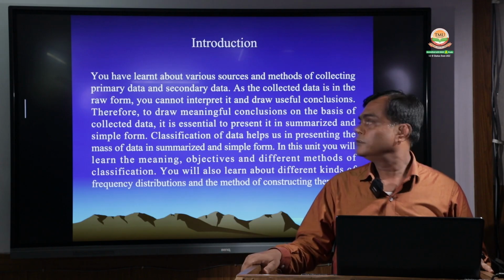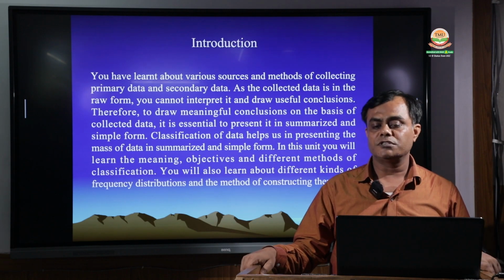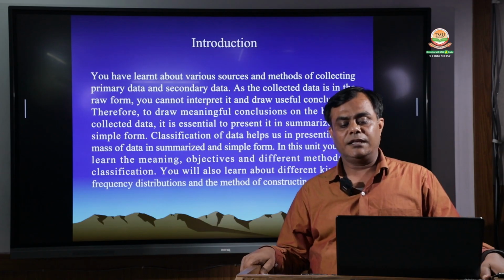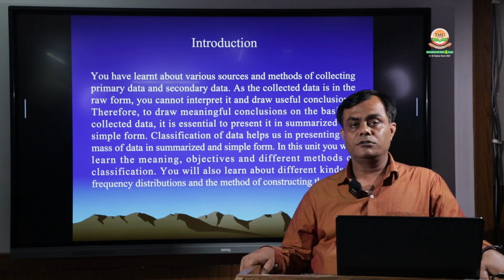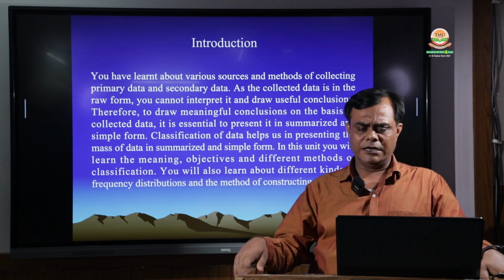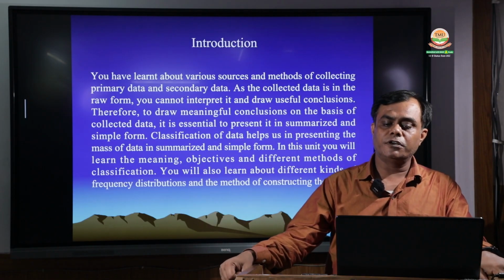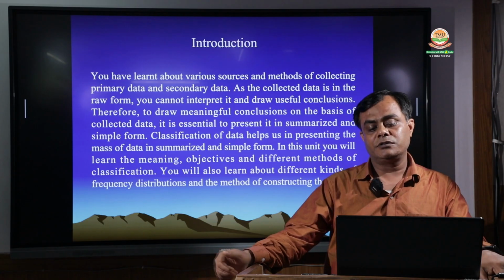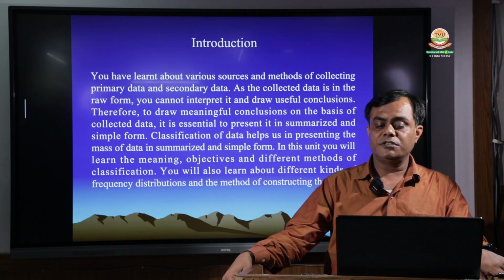Next is the introduction. You have learned about the various sources and methods of collecting primary and secondary data. The collected data is raw data and you cannot interpret it and draw useful conclusions. Therefore, to draw meaningful conclusions on the basis of the collected data, whether primary or secondary, it is essential to present it in a summarized and simple format.